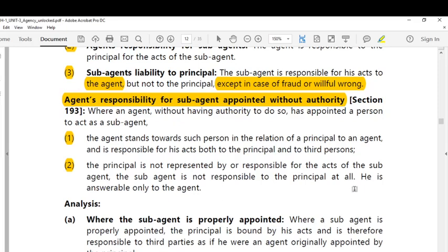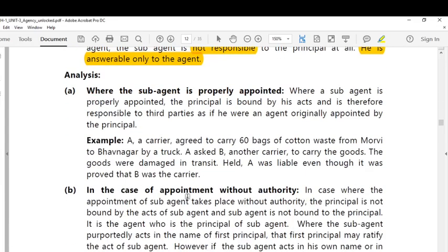So here a subagent is not responsible to the principal and he is answerable only to the agent.